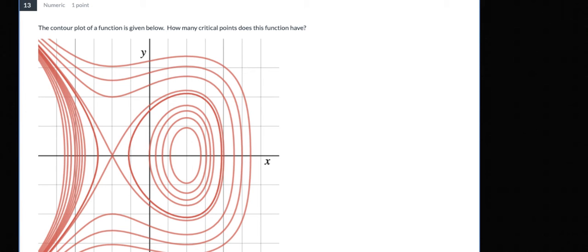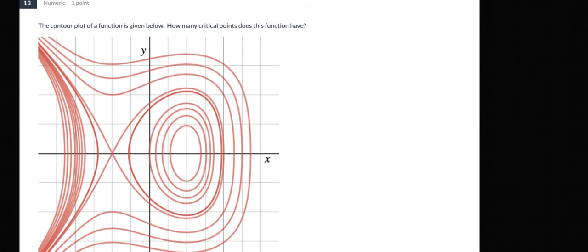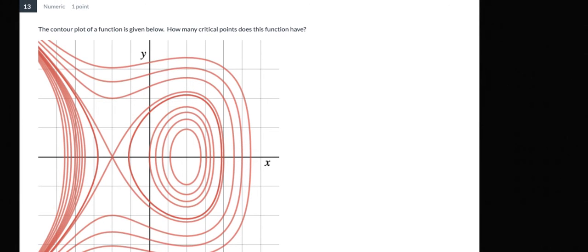In problem number 13, we are asked to identify critical points on the contour plot of a function. Of course, you probably know that the critical points of a function are points where all partial derivatives of first order of the function are equal to 0.